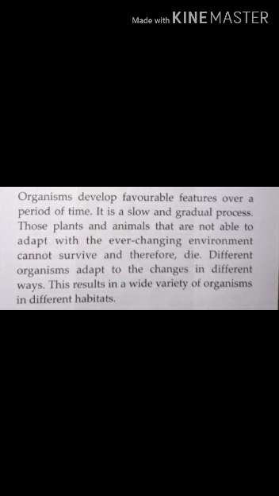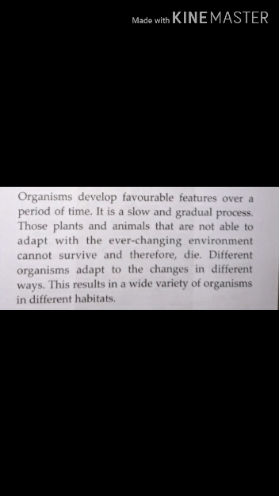That means organisms develop favorable features, those features which help them to survive in their atmosphere. Over a period of time, that means those features do not develop within a short period of time. It takes a long period of time to develop in a body.